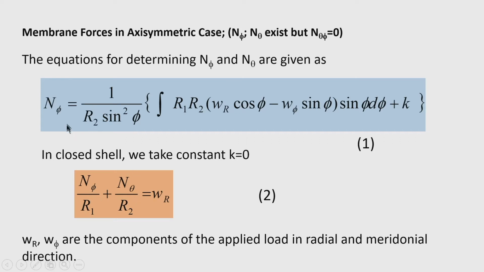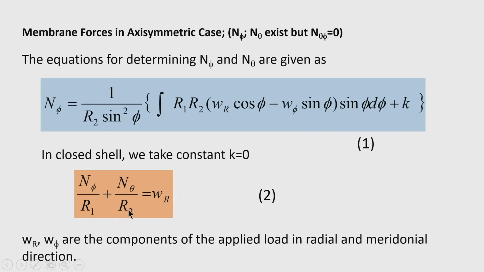So, once N phi is found for the given loading and given geometry of the shell, N theta can be calculated. You can see this equation here, which relates N theta to N phi via the radius of curvature of the shell, and this is the third equilibrium equation.